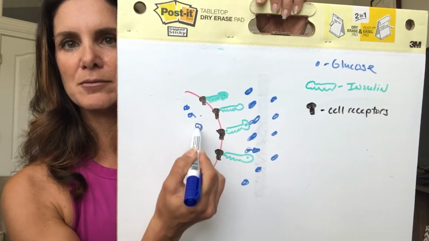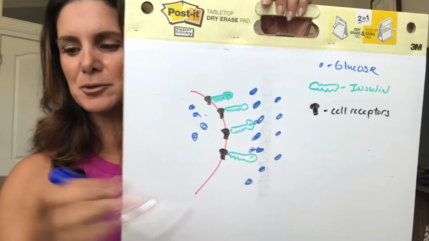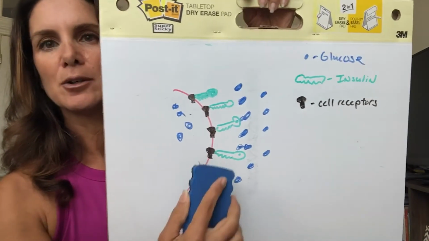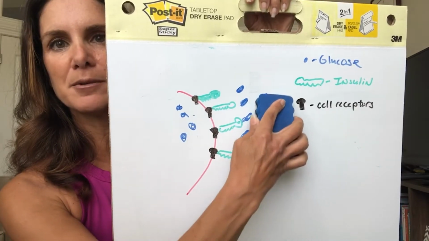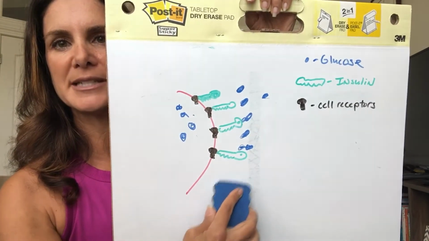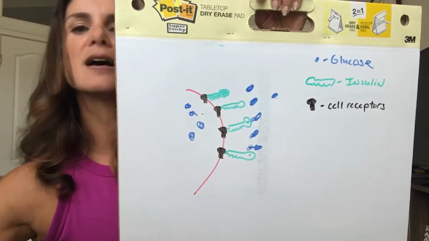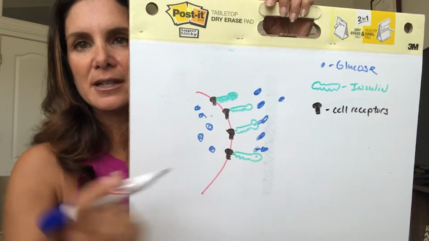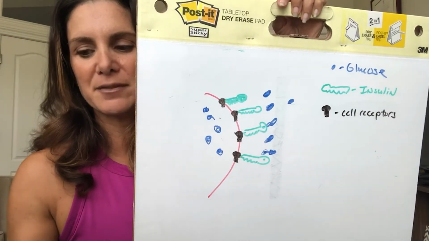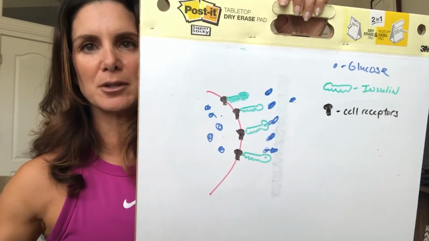What it does is two things. It takes the glucose out of the bloodstream, where too much glucose can be dangerous, as we know from people with diabetes. It really damages the vessels where it's sitting, and it gives the cell the energy that it needs in order to do regular body functions.